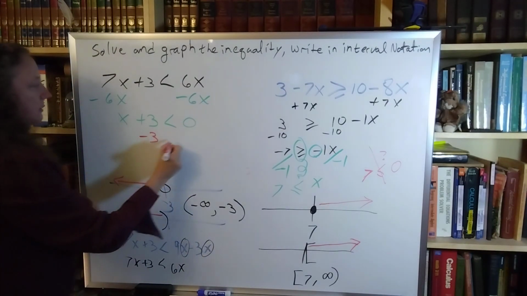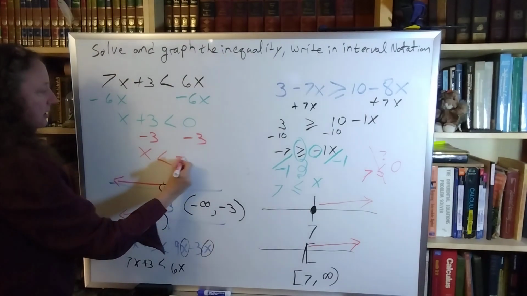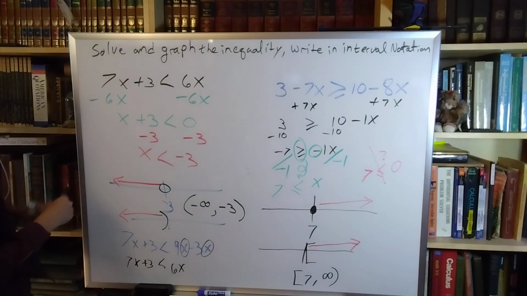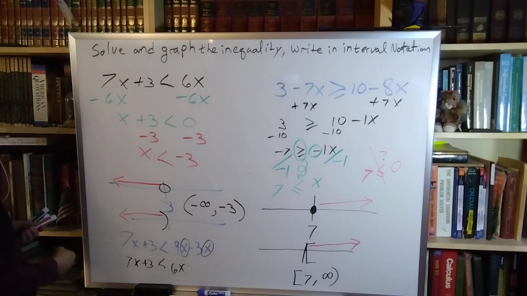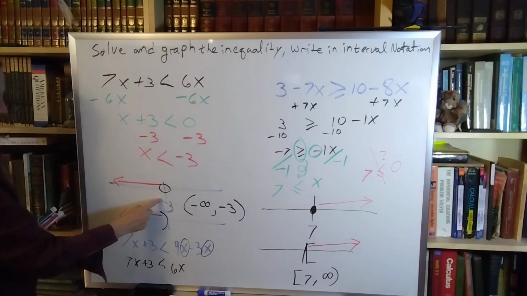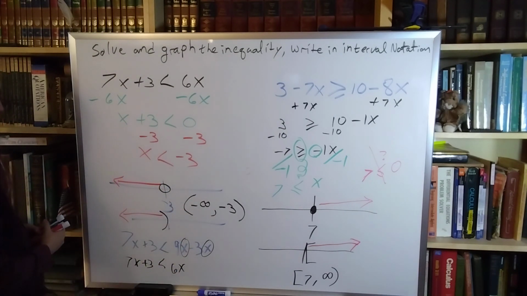Subtract my 3. I have x is less than -3. So this is a lot easier to see that it's going to go off to the left. There's my -3. Does not equal, so open dot or round parentheses, and same answer there.